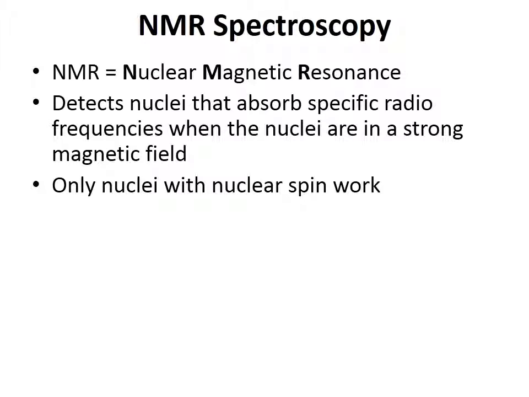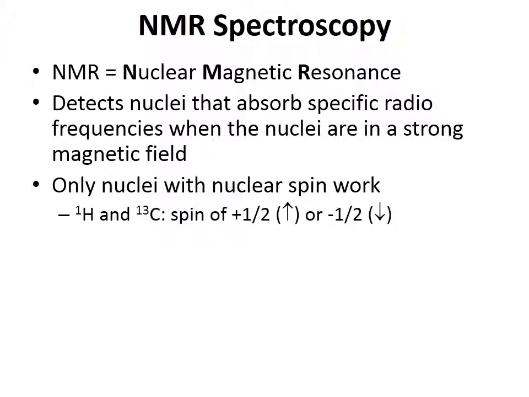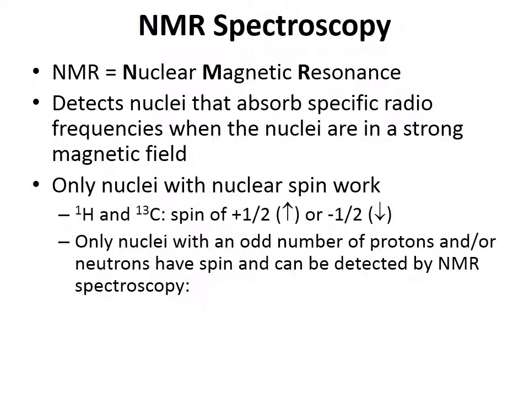For example, protons and carbon-13 each have a spin of a half, either plus a half, spin up, or minus a half, spin down. Only nuclei with an odd number of protons and/or neutrons have spin and can be detected by NMR spectroscopy.